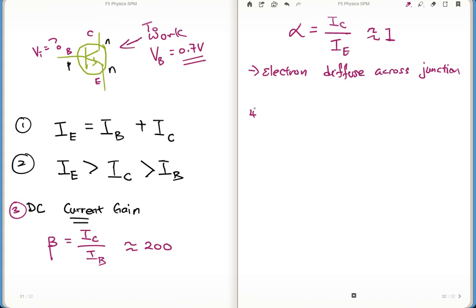The fourth equation therefore would be the V input has to be your IB times your RB, because remember there's going to be a resistor, plus your VB, which is 0.7.